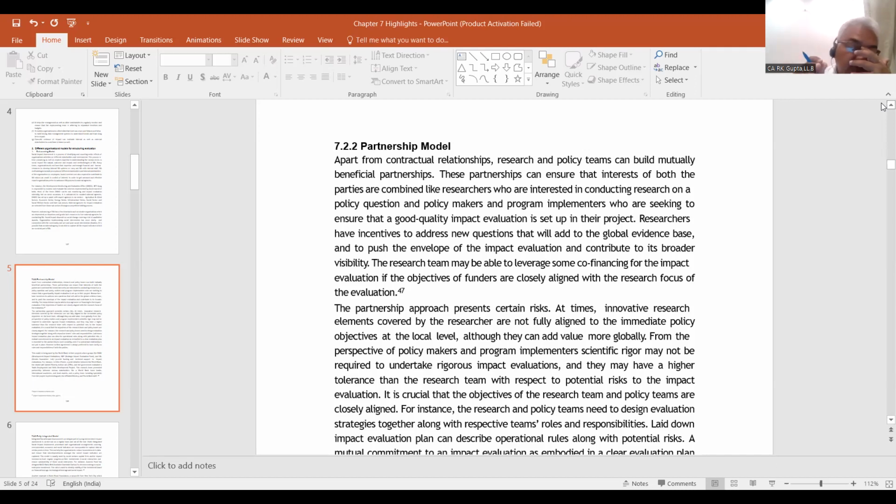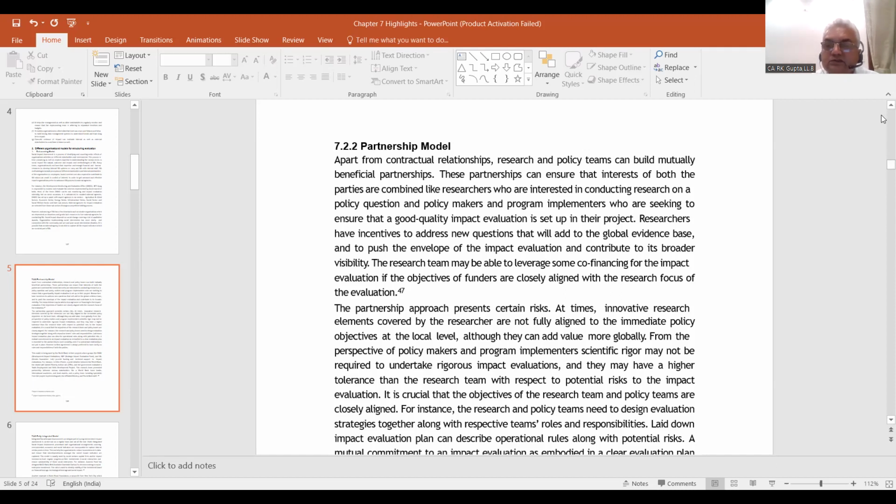There is a need for alignment. If you do some sort of partnership model with these research agencies, it may not be an individual researcher, it may be a research agency also working in a similar field, but their objectives have to be aligned.